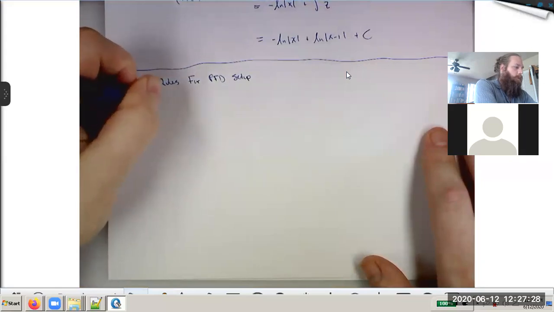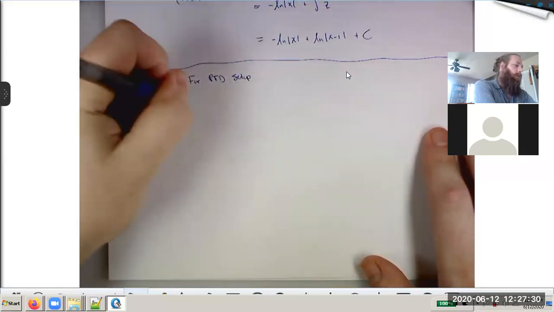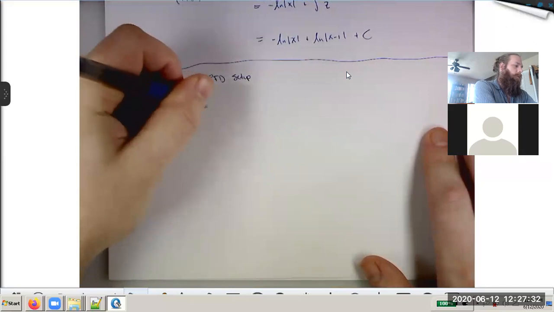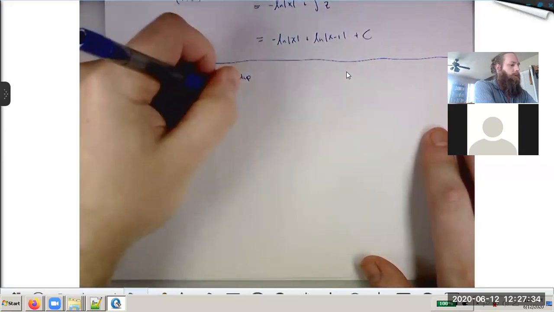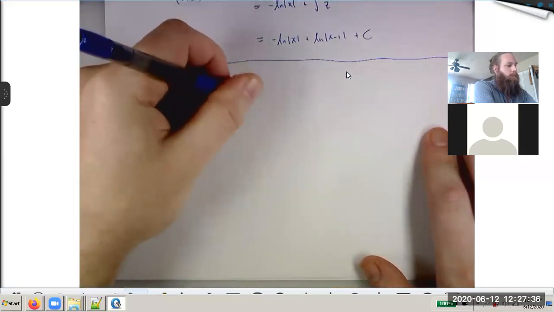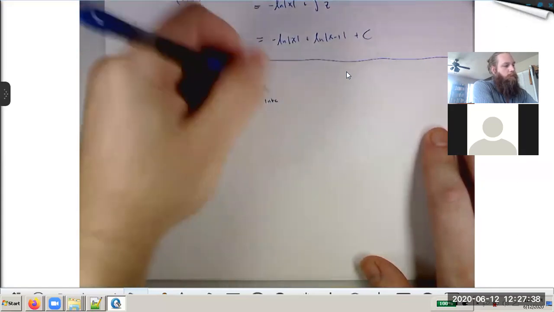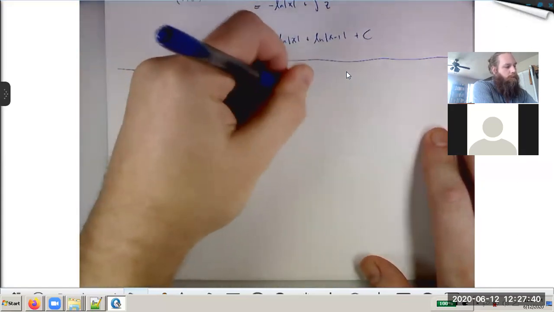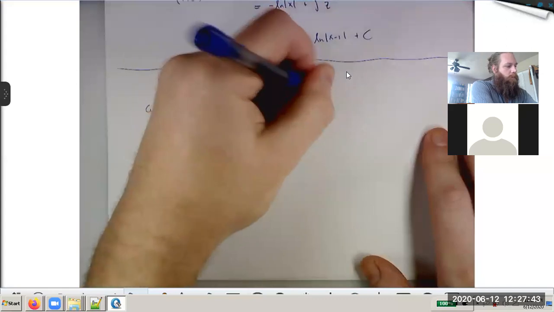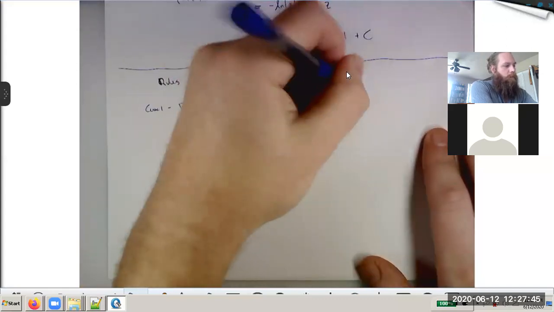Case 1, the denominator factors into distinct linear factors.